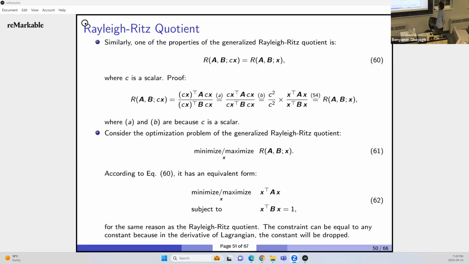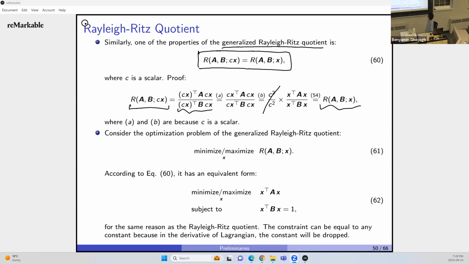As I said, we just proved that. Similarly, one of the properties of the generalized Rayleigh-Ritz quotient is this. Like before, we proved that for the Rayleigh-Ritz quotient, now for the generalized Rayleigh-Ritz quotient. So we have A, B, and CX. Put CX here, and the C's are constants, so they come out and cancel each other. You will end up with the generalized Rayleigh-Ritz quotient of X. Again, we can minimize or maximize it.